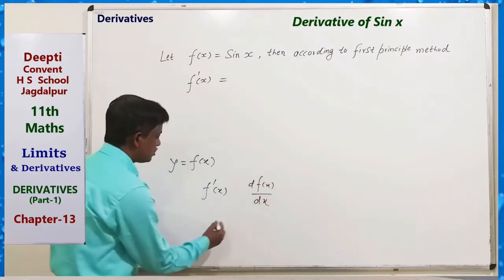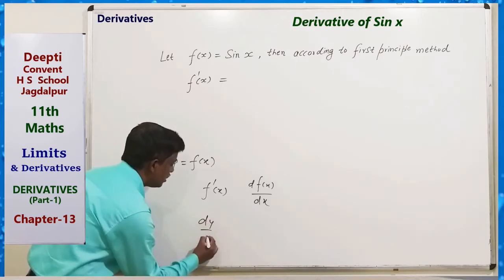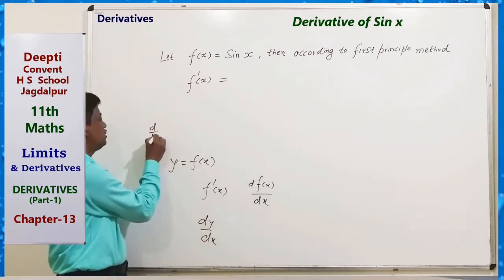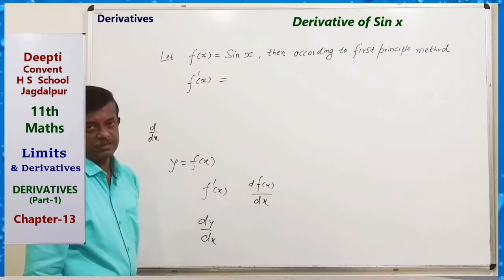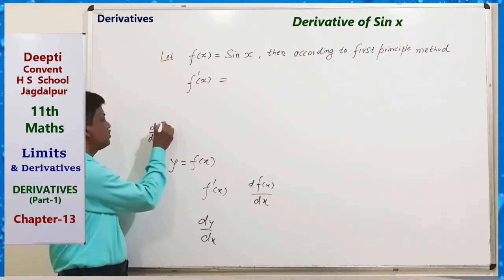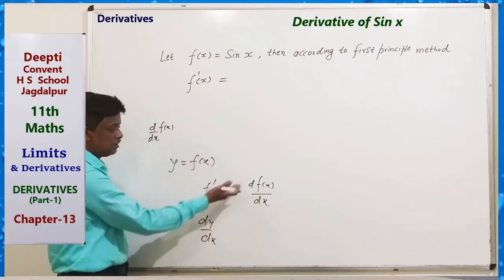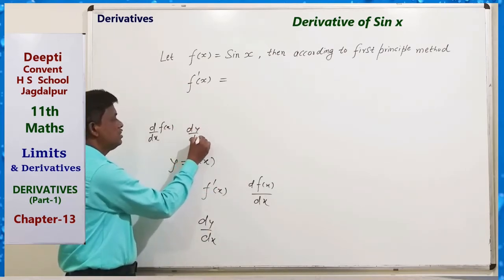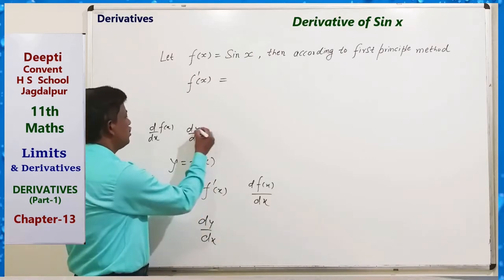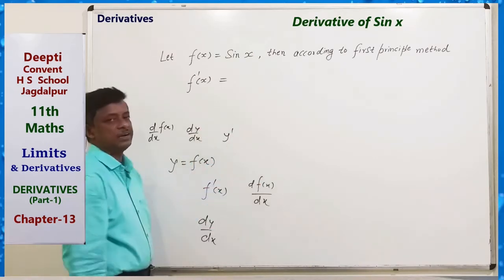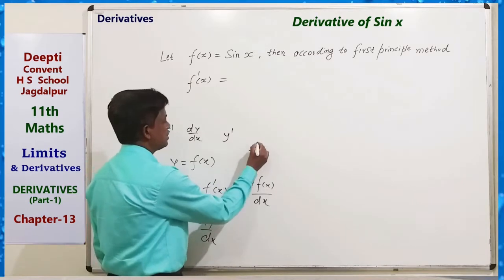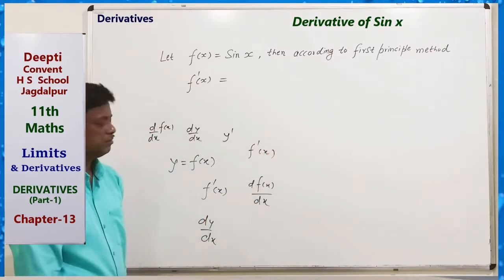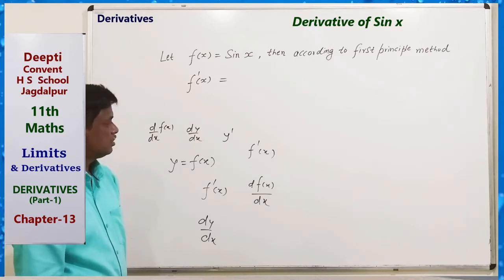It can also be denoted as dy by dx. This is d by dx, that means derivative with respect to x of the function f(x). Fx means y, also dy by dx. dy by dx can also be y dash. Also it can be written as f dash x. So these are the different notations for the derivative of f(x) with respect to x.